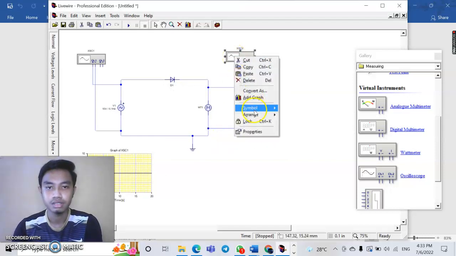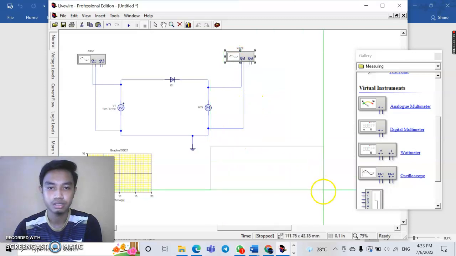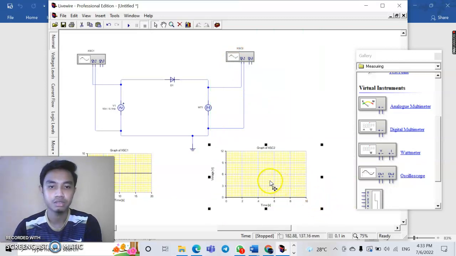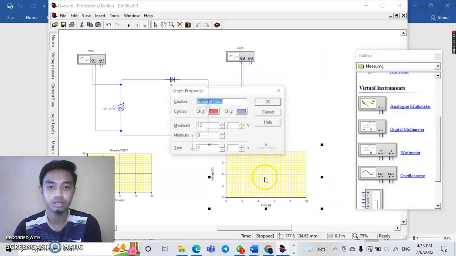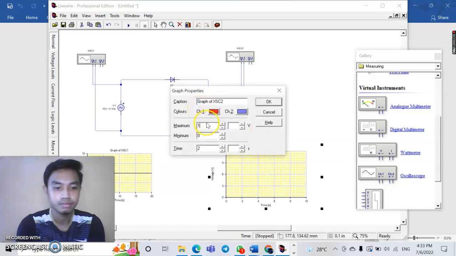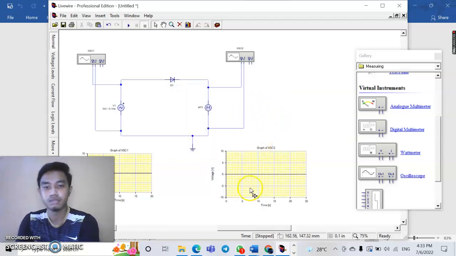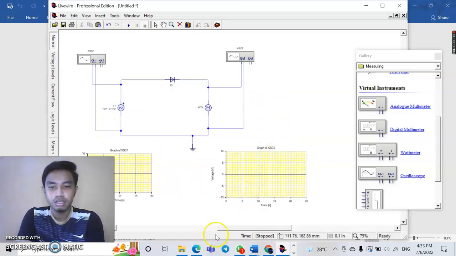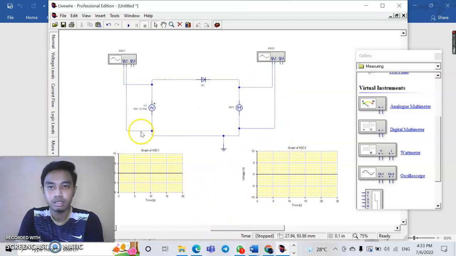After that, for the second oscilloscope, which is to measure the output of the motor, 10, negative 10, and 5. Alright, after that, we can run the simulation.